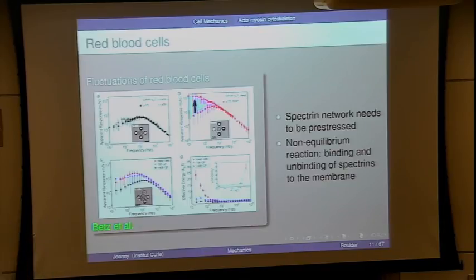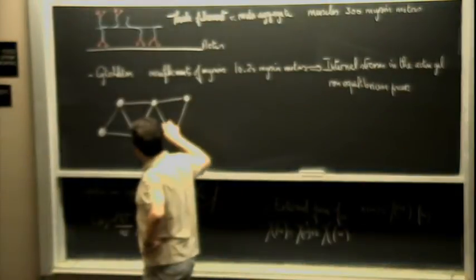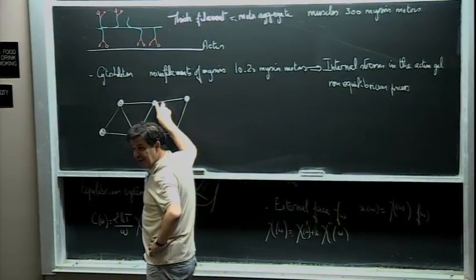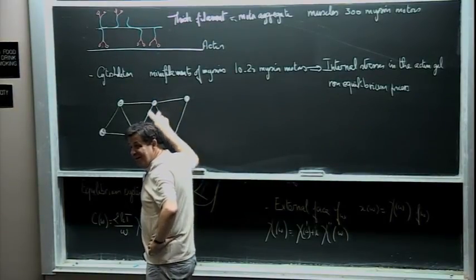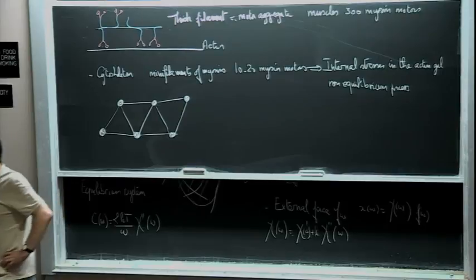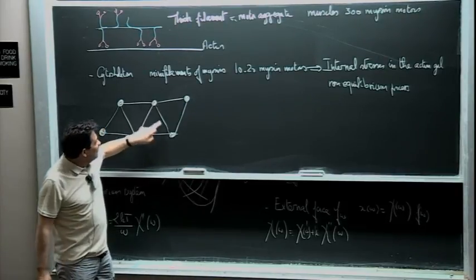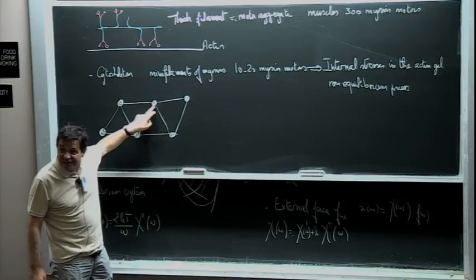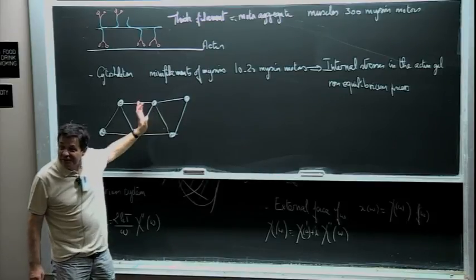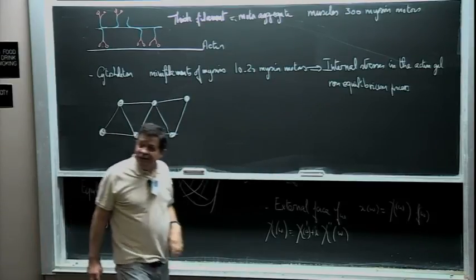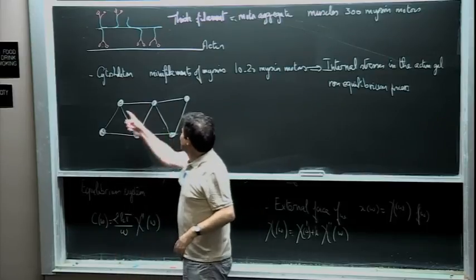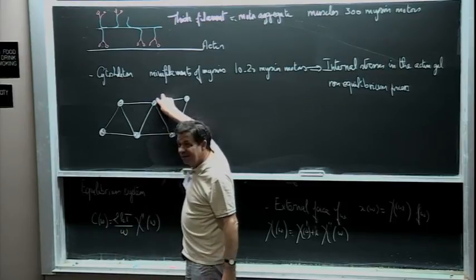One of them is called ankyrin, and one of them is called PKC. Now what happens is that each of these spectrin filaments binds and unbinds to these points here. And this reaction of binding and unbinding depends on ATP. So the non-equilibrium effect comes from the binding and unbinding of these spectrin polymers to these points in the membrane. So the model that we made is we couple the elasticity of this stuff.